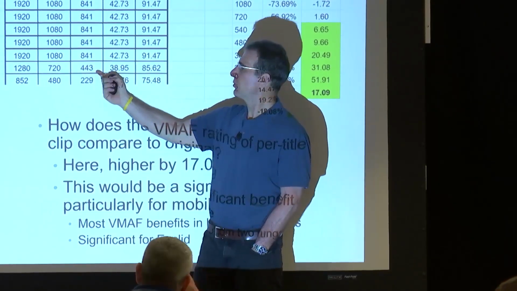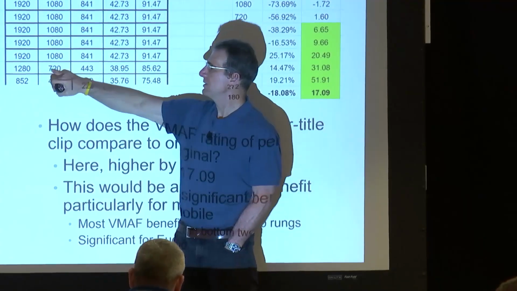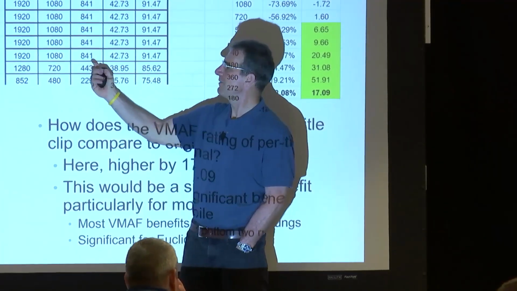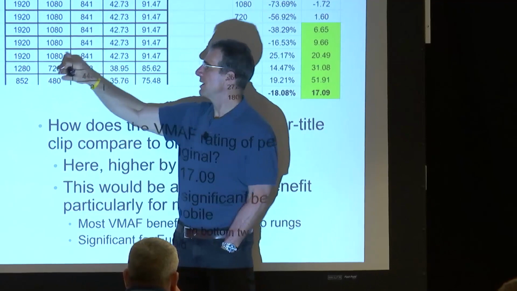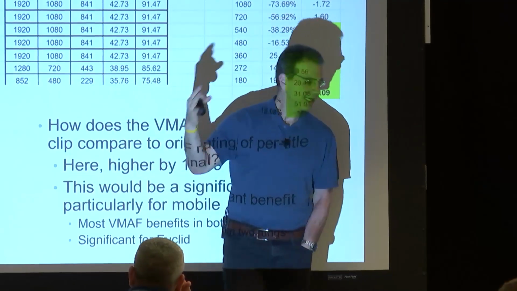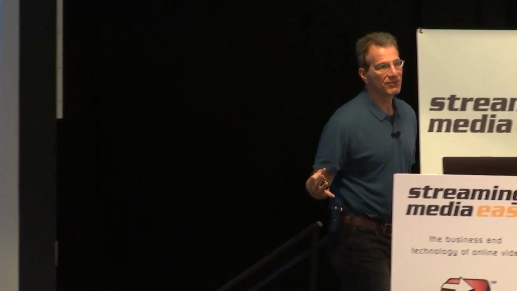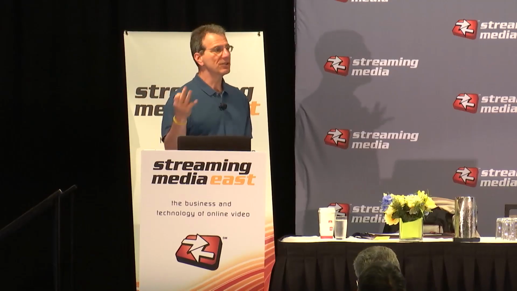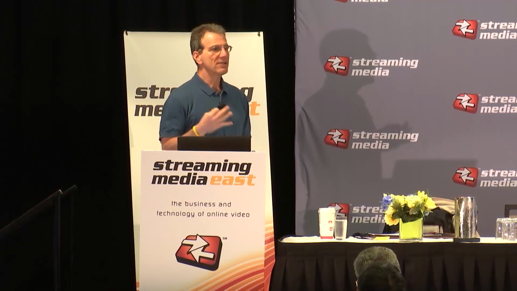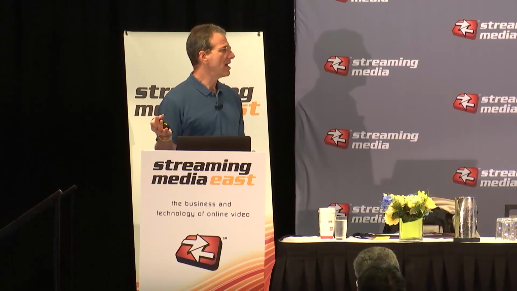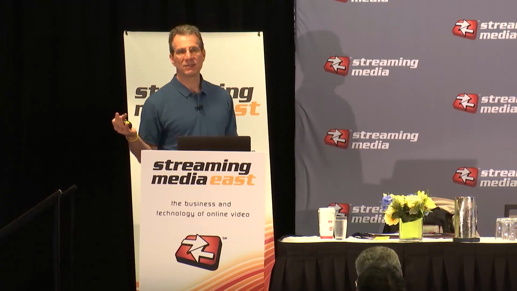So because this 443 is less than 500, I use this clip. Because this 841 is lower than 900, I use this clip. So what I'm trying to do is compute or understand how the experience of the viewer changes because they're using per title technology. So that made a lot of sense to me. Didn't make sense to some of the per title encoding vendors.